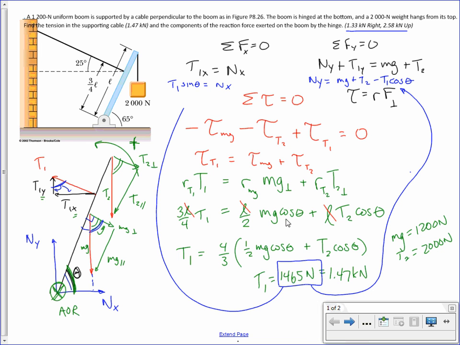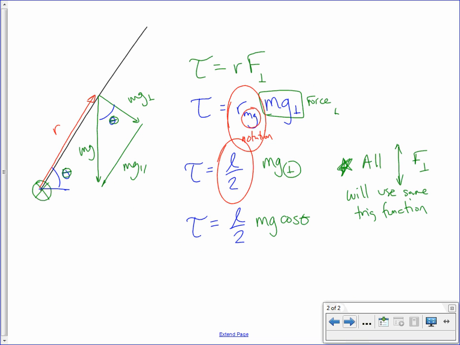Notice we used cosine for both of them. No coincidence, right? And I'll say, therefore, all side-to-side F's will use the other trig function.